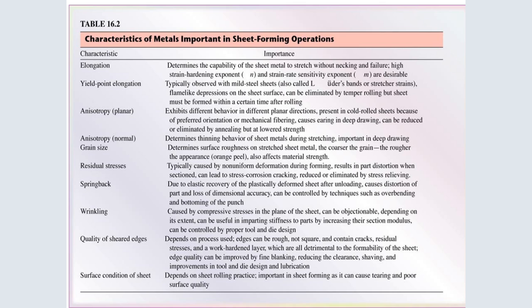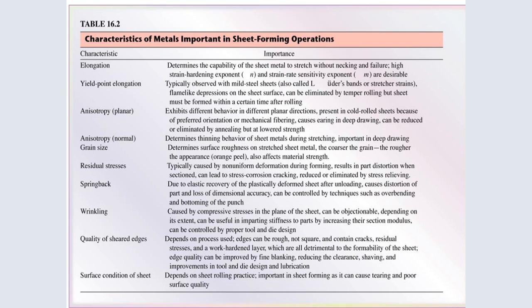A high strain hardening exponent, that is n, and a high strain rate sensitivity exponent are desirable. Another point is the yield point elongation, typically observed with mild steel sheets, and hence stretcher strain.